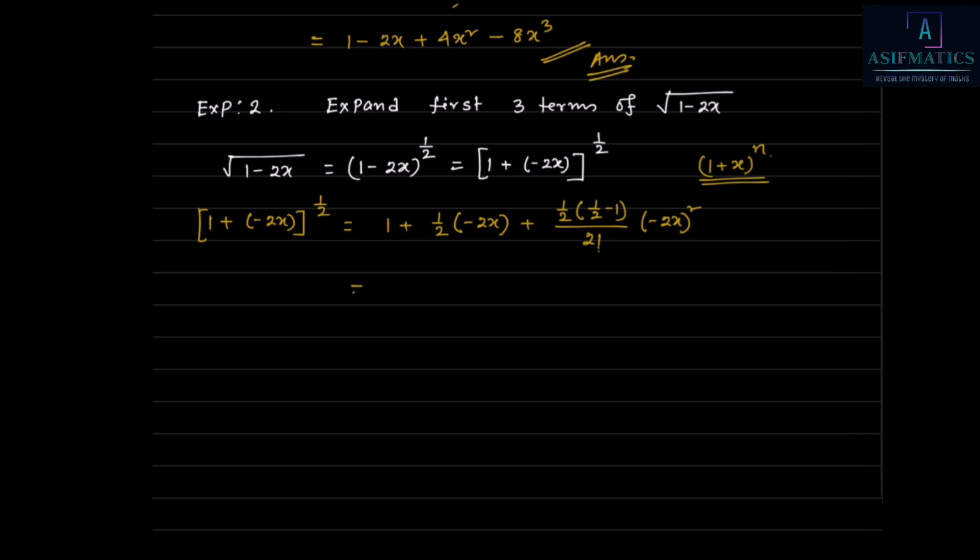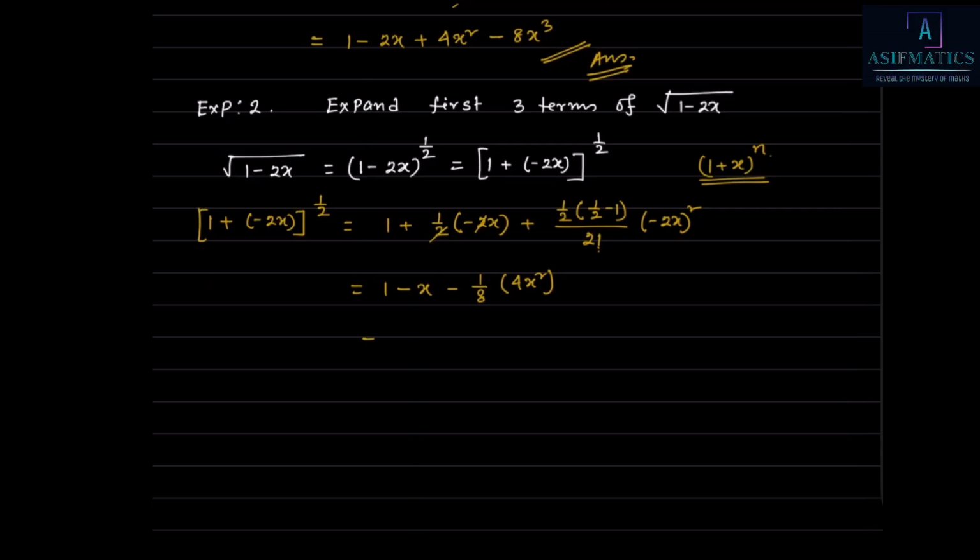Just simplify now. 1, so 2 and 2 will be cancelled out, so it will be 1 minus x. Okay, and then we will have half minus 1 is minus half and half, so that will be 1 by 4, and then you have factorial 2, so that is 2, so it will come like minus 1 by 8, minus 1 by 8, and here you will get 4x square.